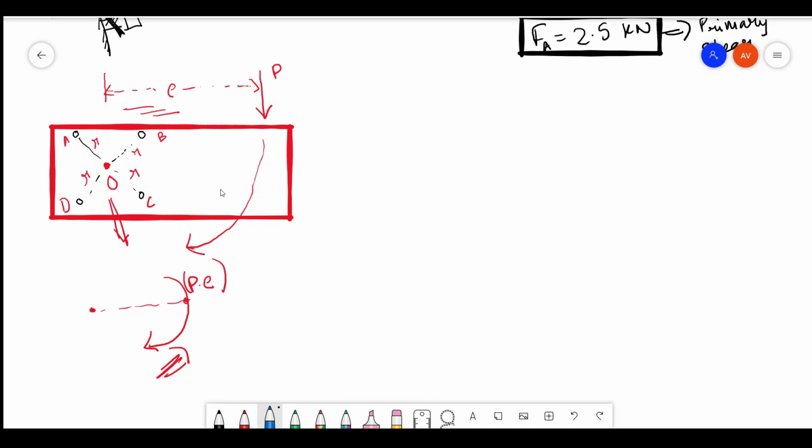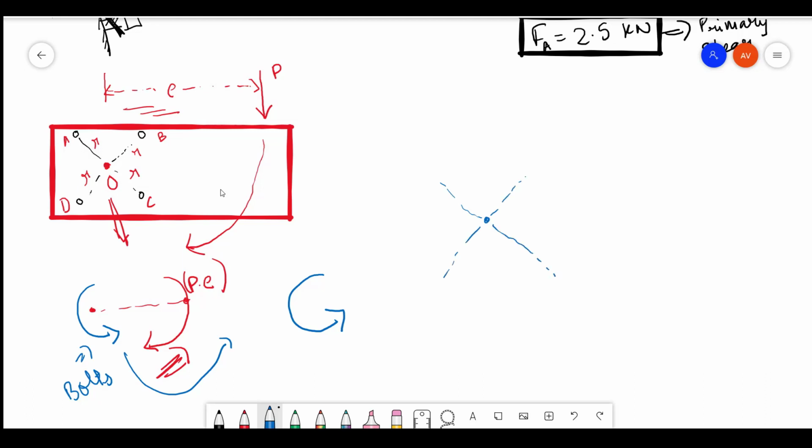How will you balance this moment? By providing a counter moment. This is being provided by the bolts, right? So your net moment from the bolts has to be in this direction to counterbalance it. So now if you draw again, what can you say?